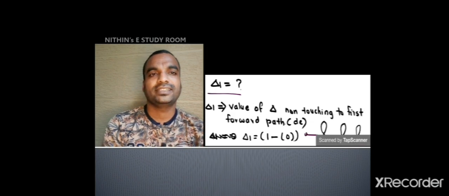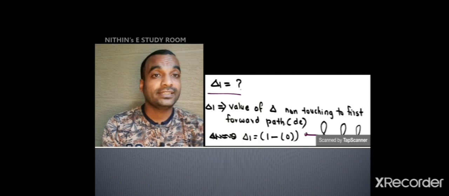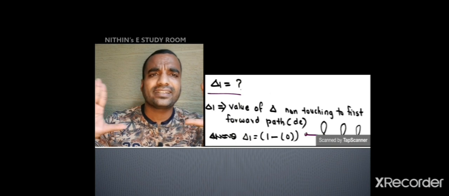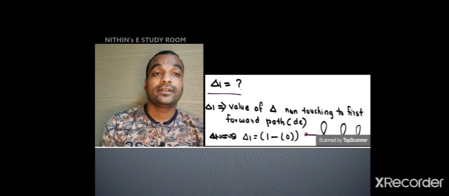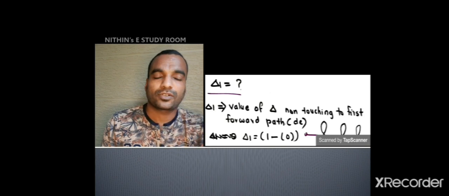So this is the next thing. What is del 1? Del 1 is value of delta non-touching to the first forward path. So now you are having the entire delta. And you have to compare that delta with your first forward path.